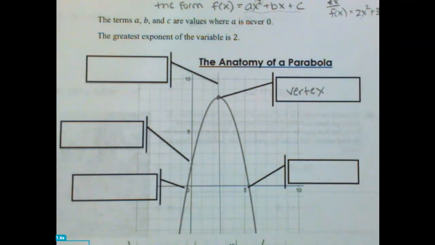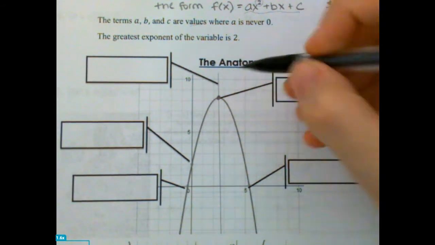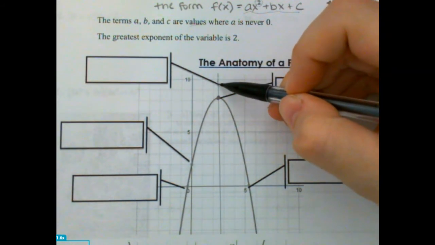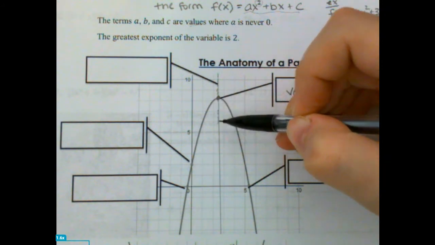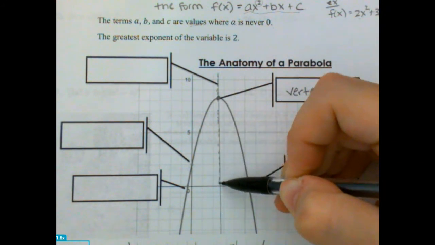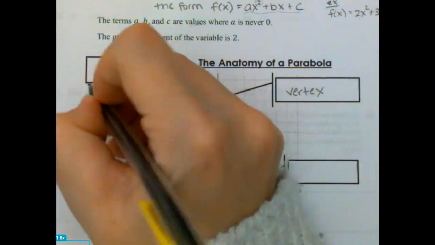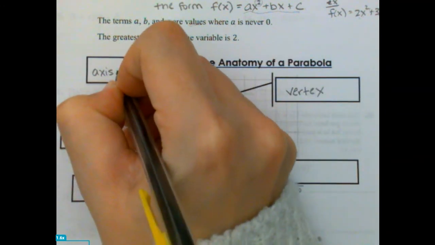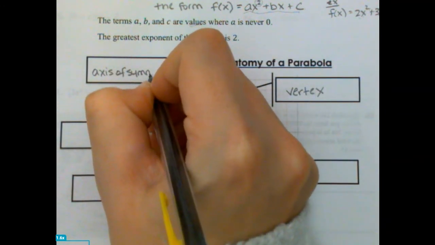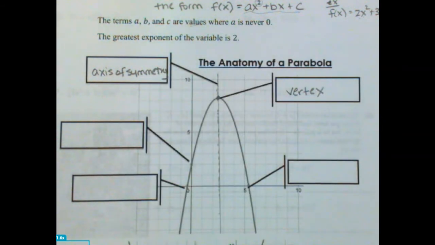The second thing that's really important to know is its axis of symmetry. So do we see this little invisible line that's going through the parabola, cuts it right in half, basically. This line is called the axis of symmetry.